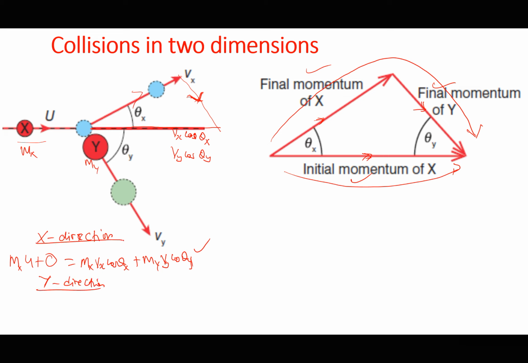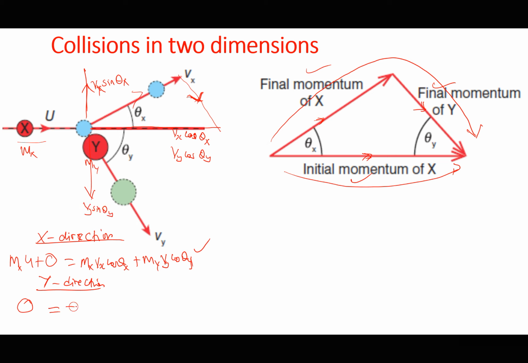In the vertical, initially there was no motion, so total momentum in the vertical is 0. But then resolving this in the vertical, x will go upwards, whose velocity will be vx sine theta x, and y will go downwards, whose velocity will be vy sine theta y.